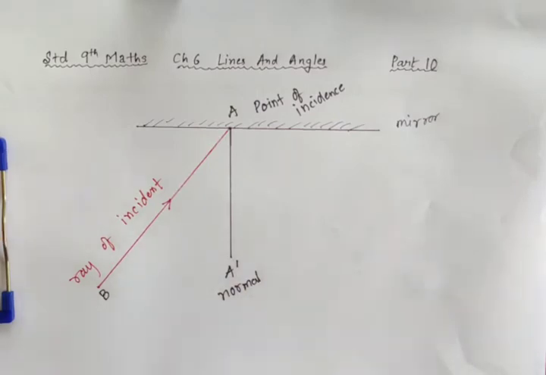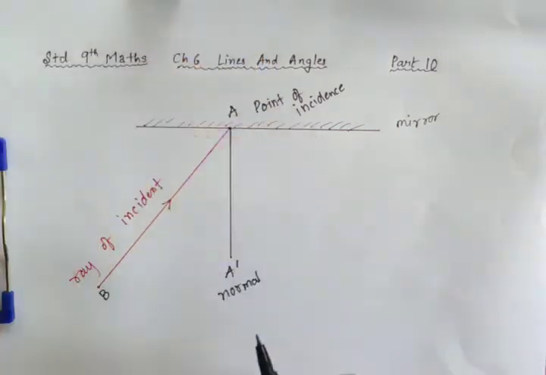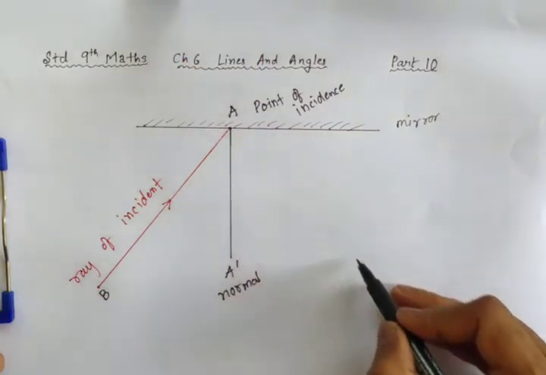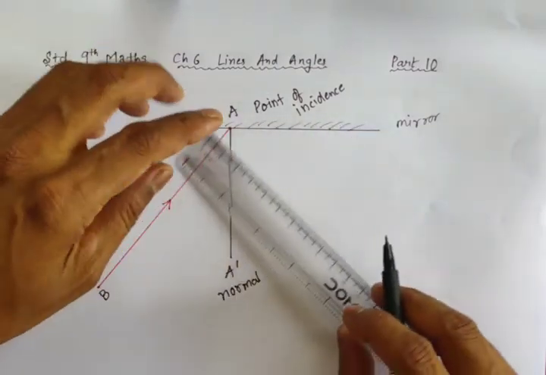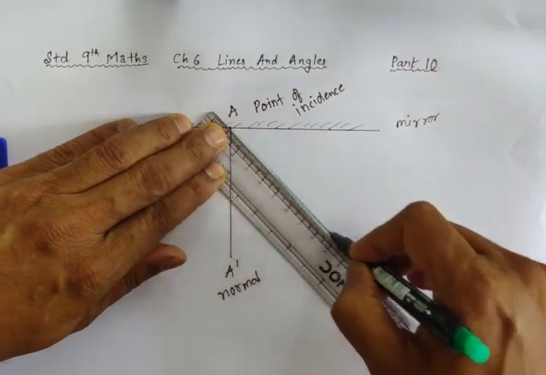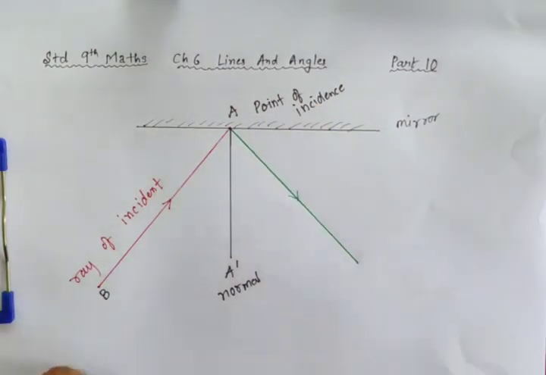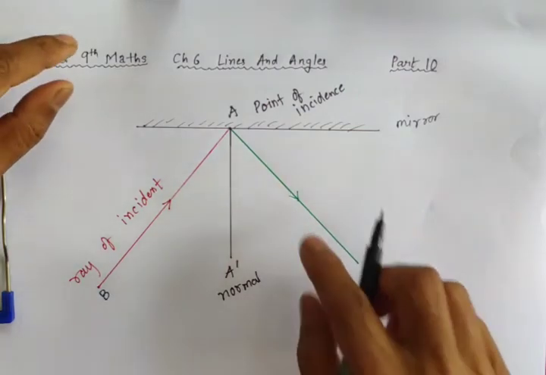Now, can you tell me which way the ray will move after getting incident on the mirror? Are you familiar with this? Yes, you should be. Children, this is the incident ray, and the ray which moves away from the surface of the mirror would be somewhat like this. Do you agree with me? This will be the direction in which the ray will move.